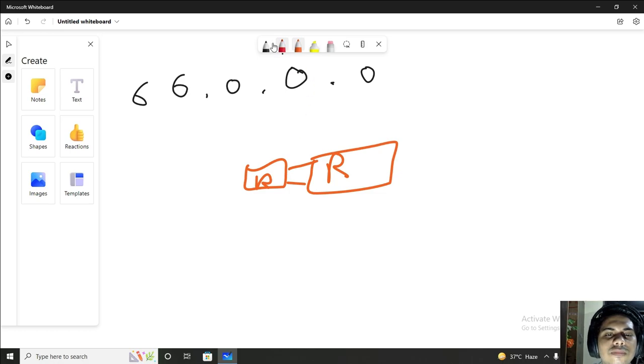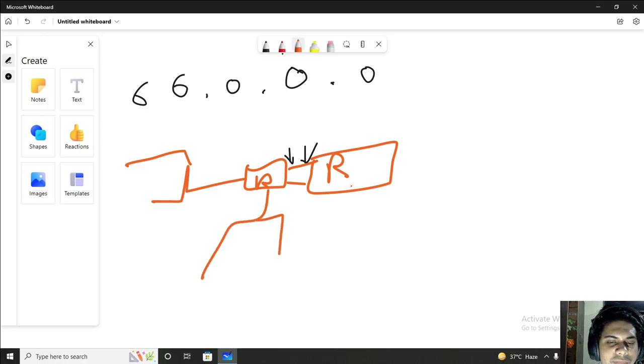So let me make the whole diagram first. This is one lab, this is another one, and this is another one.